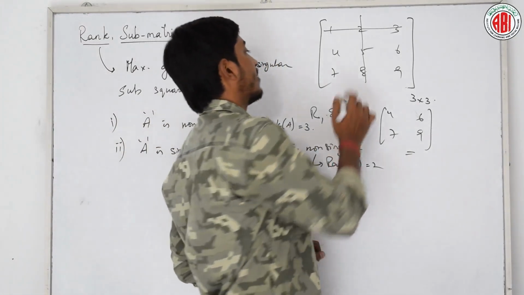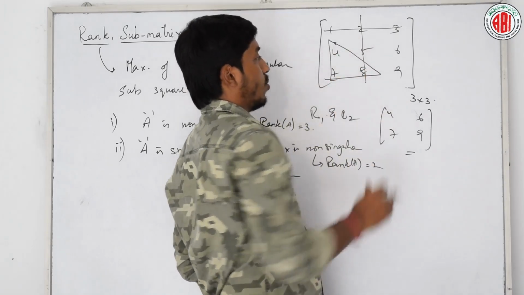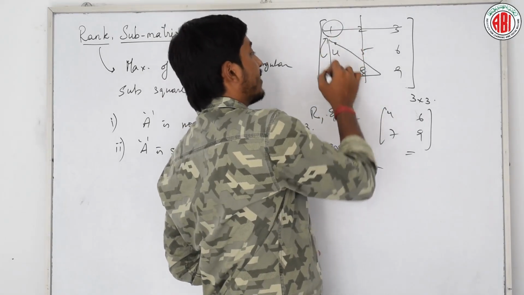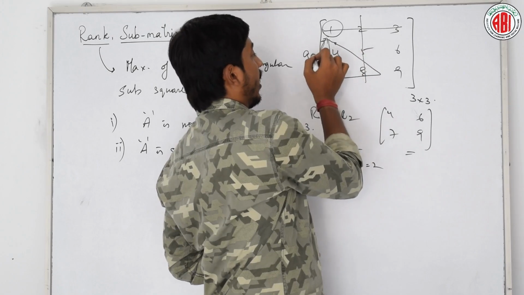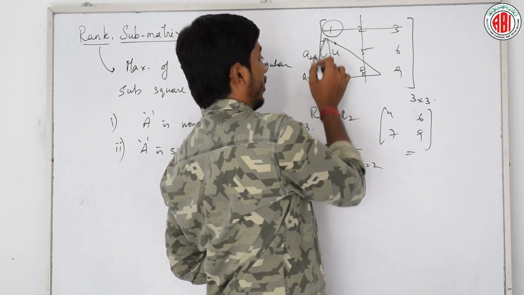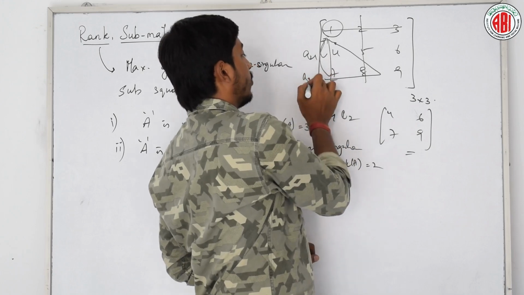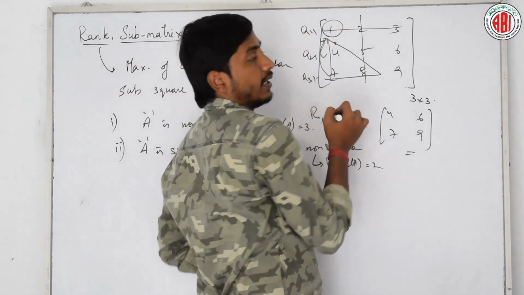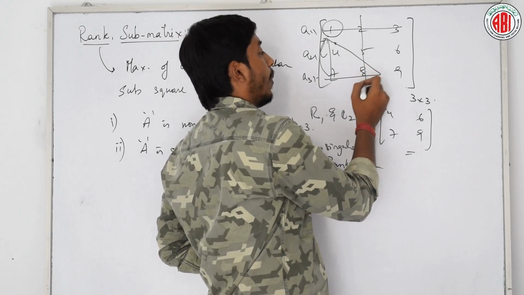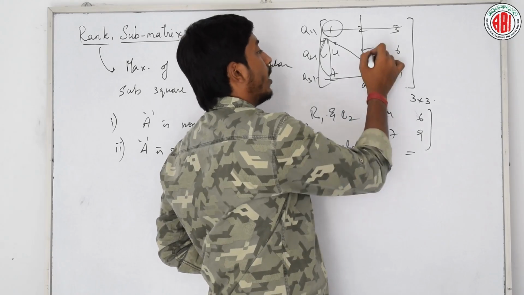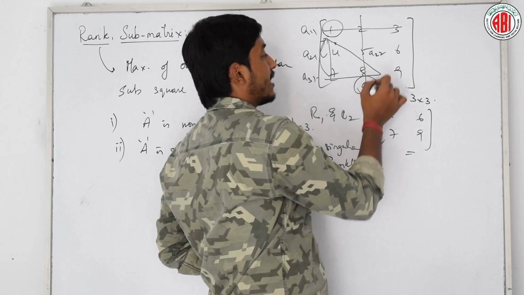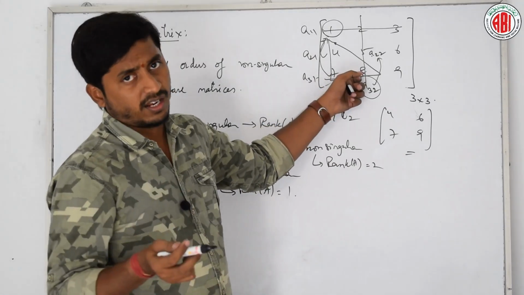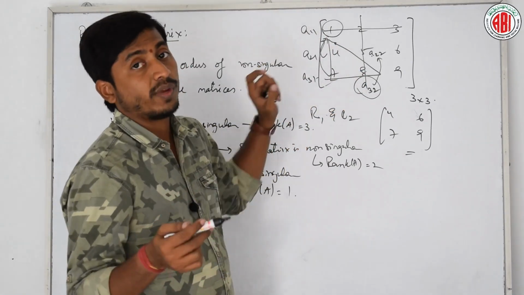First of all, you have to make the lower triangular part of the matrix zeros. Using A11, make the elements A21 and A31 zero. And next, A32 has to be made 0 using A22. After these three elements are zeros, check how many non-zero rows are there.